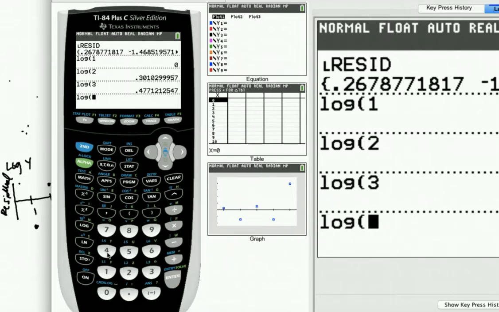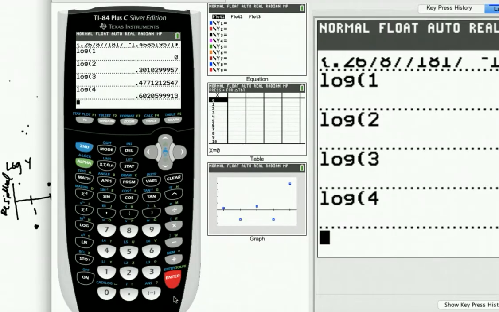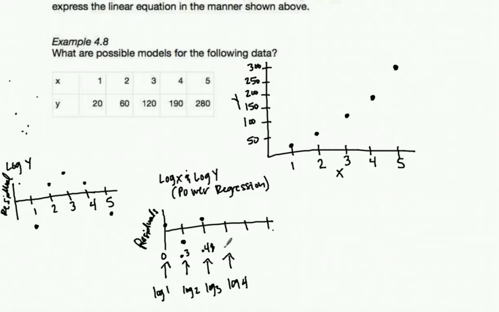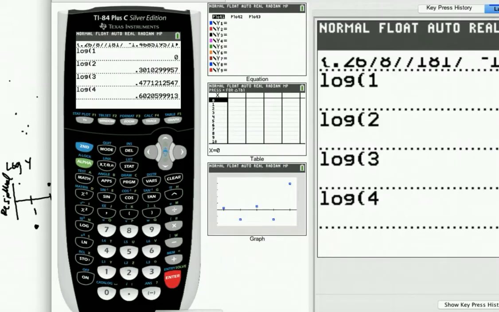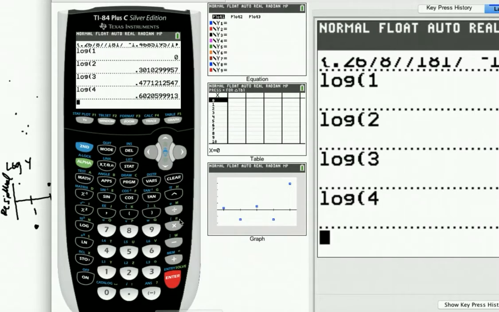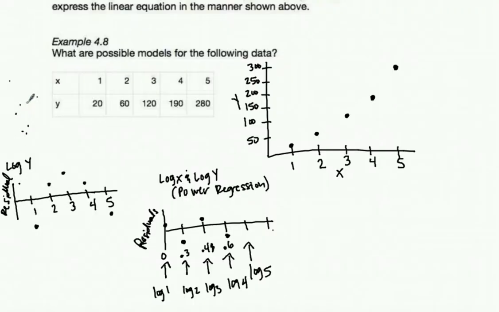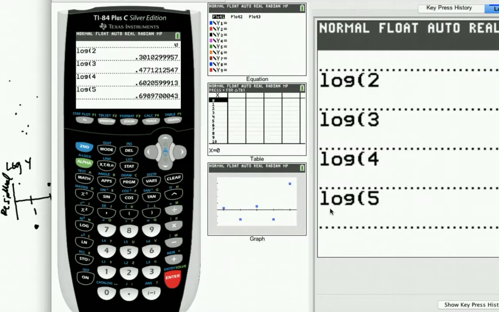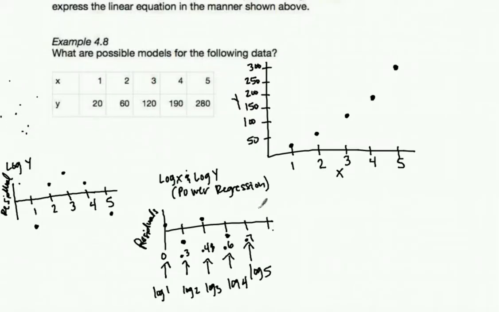Okay, so we're going to do log 4, 0.6. And that one was at the bottom. And then the last one will be for log 5, 0.7. And at log 5, or at our 5th one, we were up here.